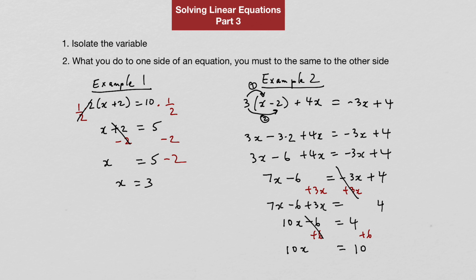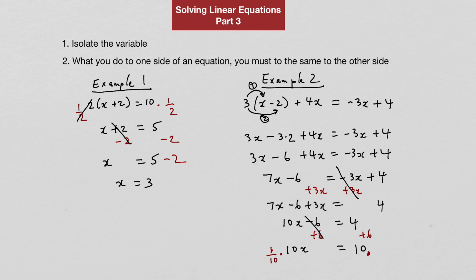And then one last step. We have this 10x. 10 is the coefficient of the x. We want to isolate the x, so we need to make this number 1, right? We want the coefficient to be 1, and to do that we multiply by the reciprocal of 10, which is 1 over 10.